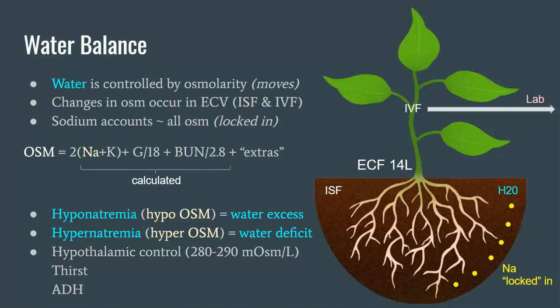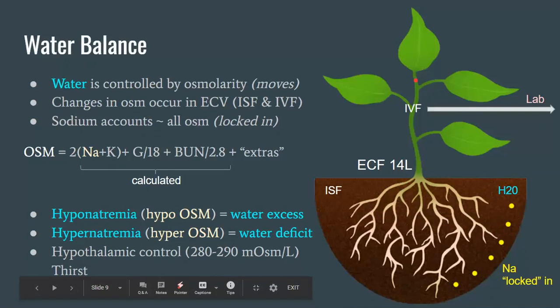First, this is big concept number one. Water is controlled by the osmolarity. If you just think of it as a plant, water is really the only thing that's moving around this potted plant, right? The sodium is pretty well locked in. It's drawing the water either towards it or it's going to allow the water to be drawn away from it.